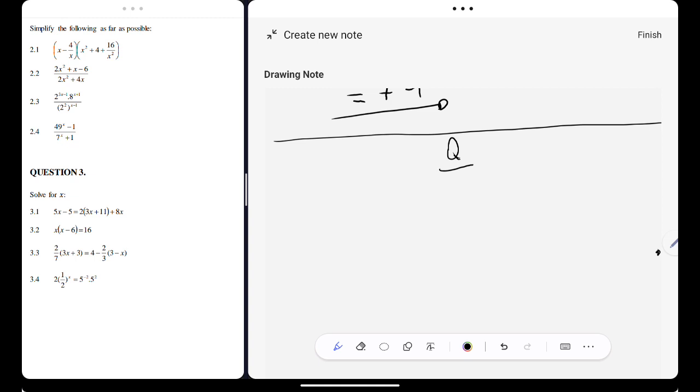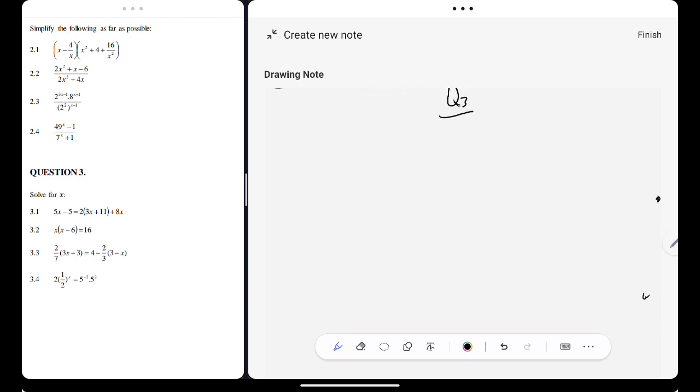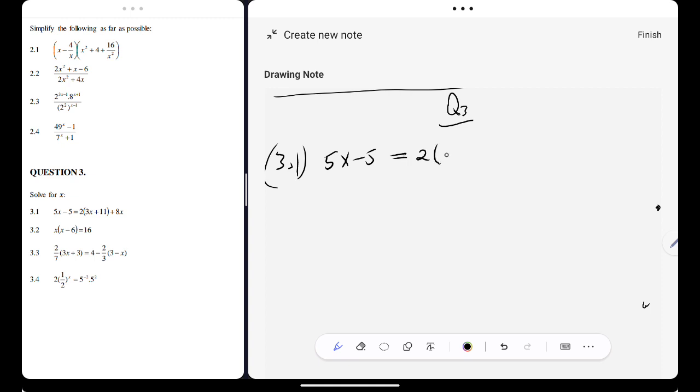Okay, let's move to question 3. 3.1. What do I have? I have 5x minus 5 is equal to 2 to the power 3x plus 11.